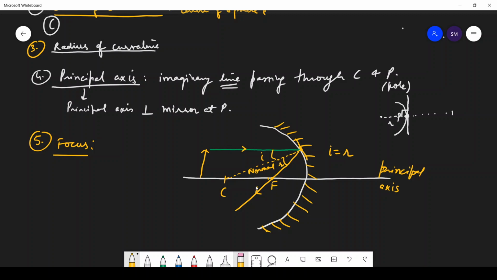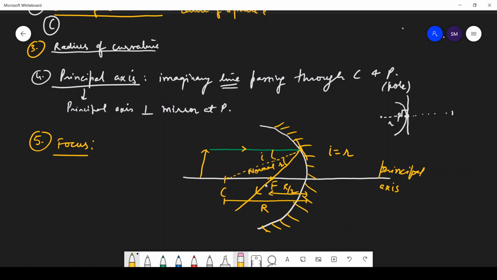So this is the focus, and this is the center of curvature. This distance was 2r, and this is midway. So this distance is r, the radius of curvature. So this is half of the radius of curvature, so this is r by 2.